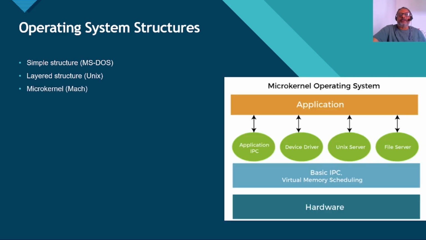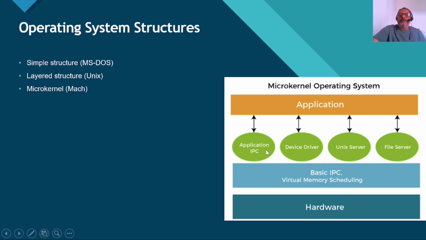Then we have a microkernel operating system, which is used in Mac systems. In this case, we have the hardware, and on the hardware we have a microkernel, that is, only the essential components of the operating system are put in it.